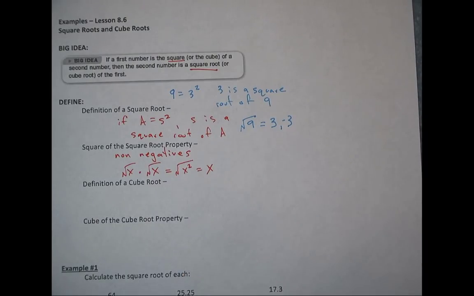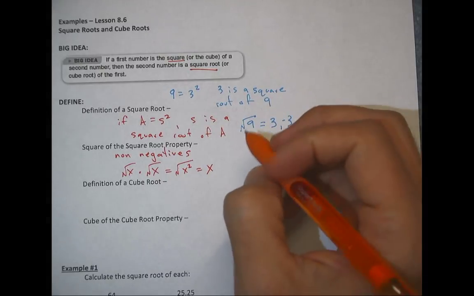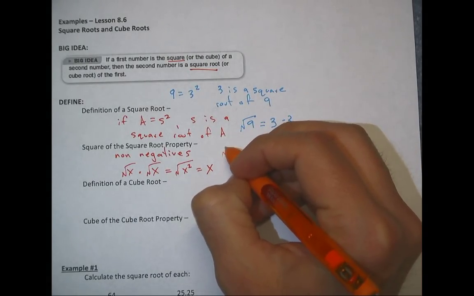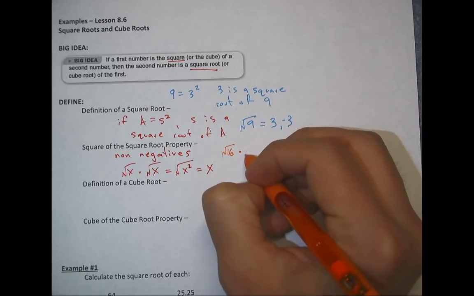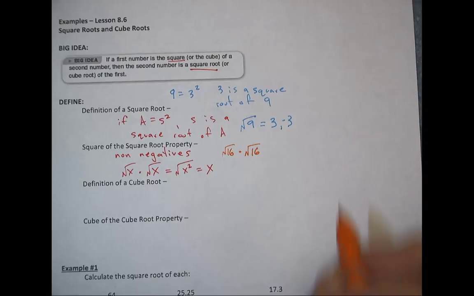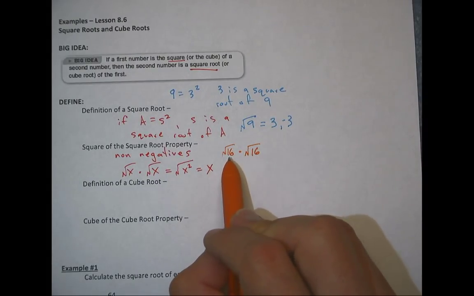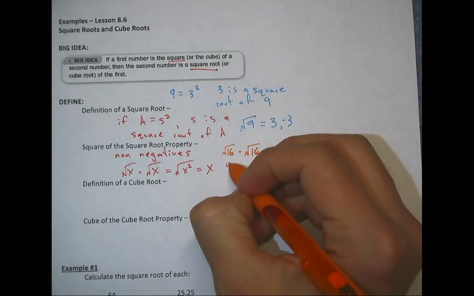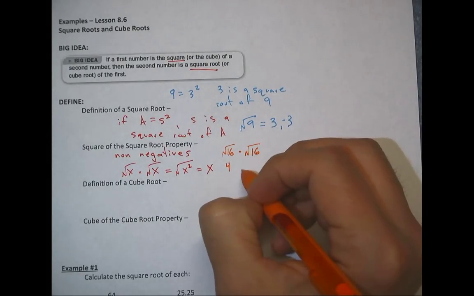So let's do an example real quick. If we have the square root of 16 times the square root of 16, first of all, think about the numbers. The number that when you square it gives you 16 is going to be 4. 4 times 4, 4 squared, is 16.